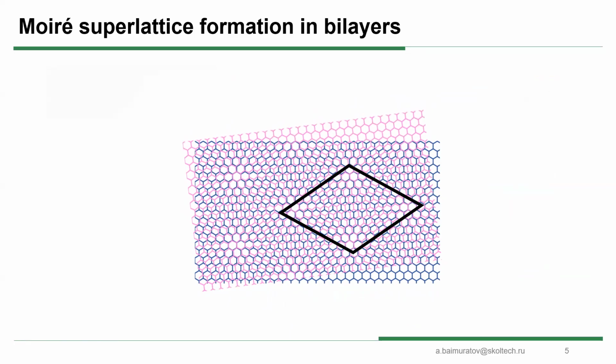And usually we think about such a superlattice like this: the Moiré period, the new period, will be much larger than the initial period of the monolayer. Yes, and this is why we can use continuum models, and we can introduce local stacking and kind of local symmetry.